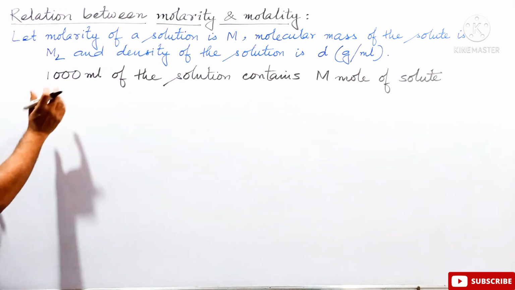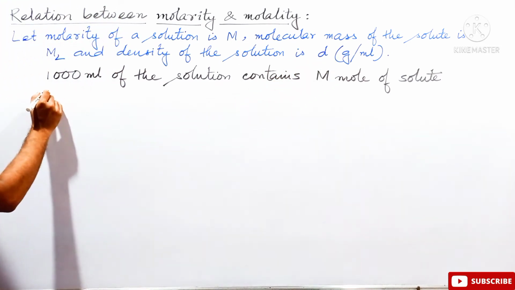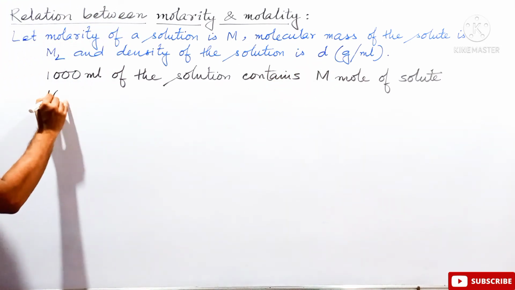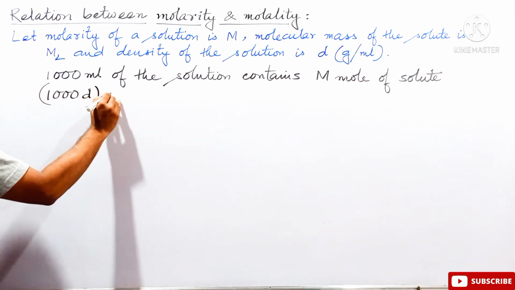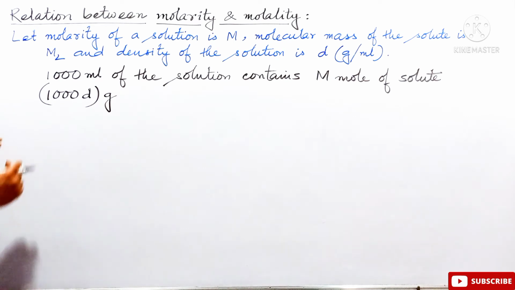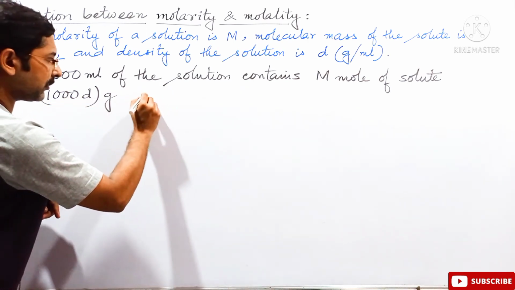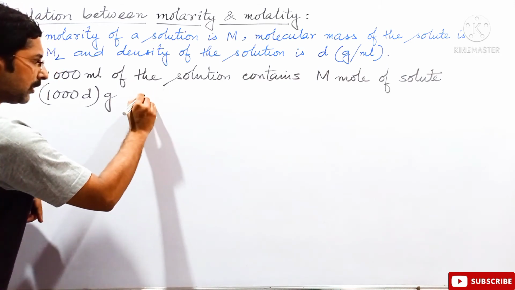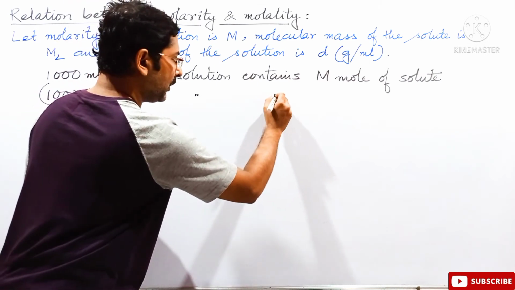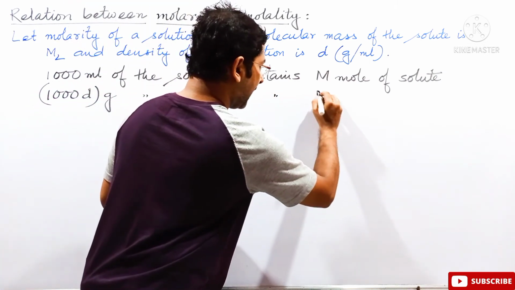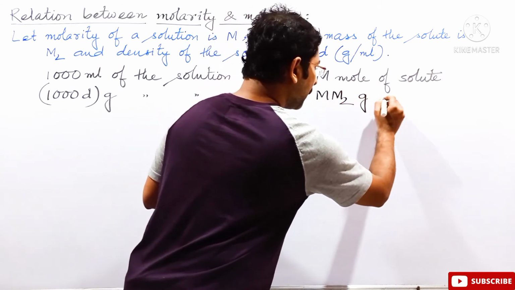Now look, the density of the solution is D gram per ml. So if we multiply D by 1000, we will get the mass of the solution in gram. So we can write 1000 D gram of the solution contains, say, M into M2 gram of solute.